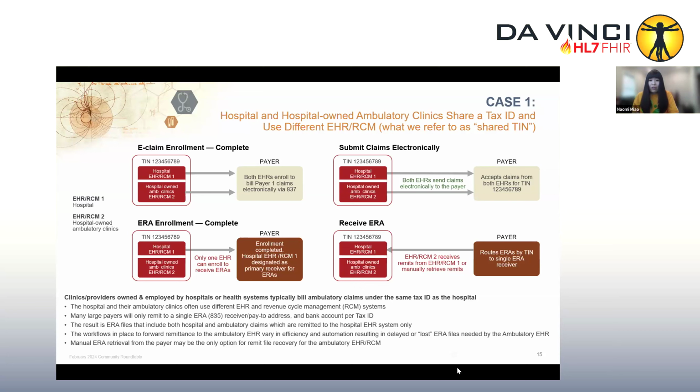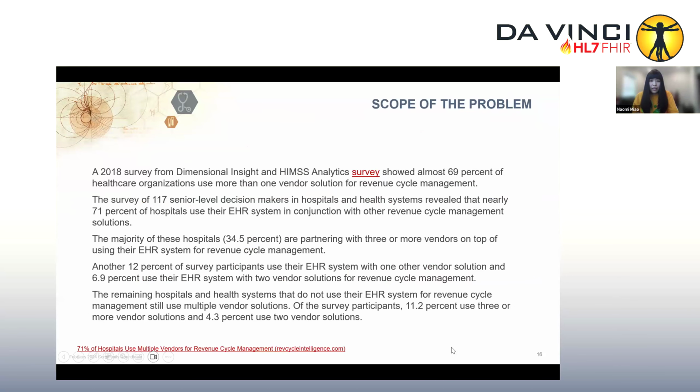So basically, when multiple RCM billing systems bill claims under the same TIN, payer limitations often mean that remits don't reach all the entities that submitted claims under this TIN. That's a very brief overview because we only have 10 minutes here, but please feel free to go back to the slide and use the details there. The next slide has a link to that HIMSS survey. And Alex, you can go to the next slide.